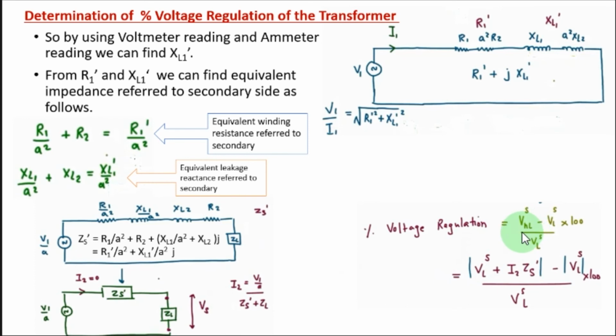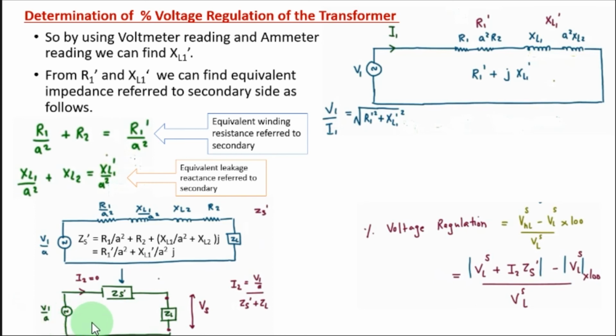V no load voltage is I2 ZS dash, the voltage drop over here plus the voltage drop over here.